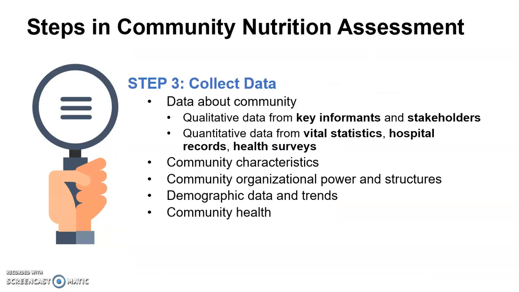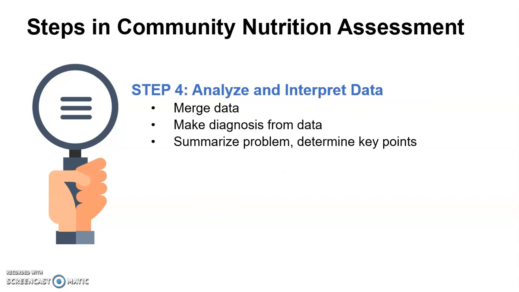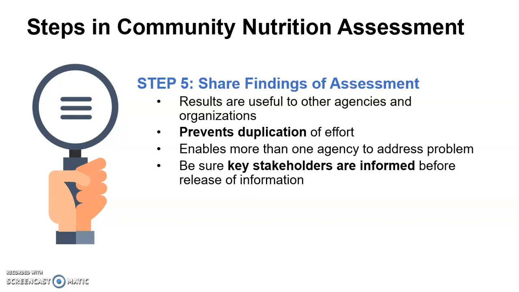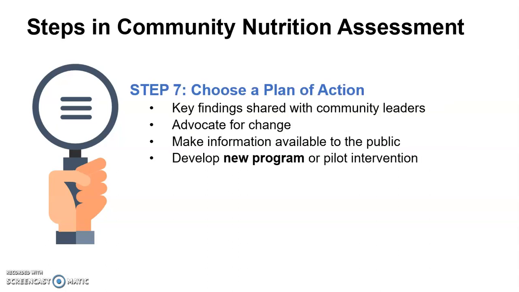And then step yang ketiga, collect data. Alright, macam biasa. Alright, those collect data in regards to your parameters of assessment. And then you need to analyze and interpret the data. Share findings. Alright, so these are the things why do you need to share the findings. You can read all over. And step 6, set priorities as I informed you before. So, because due to the limited resources, so you have to decide based on the priorities macam saya telah terangkan tadi, and choose a plan of action.